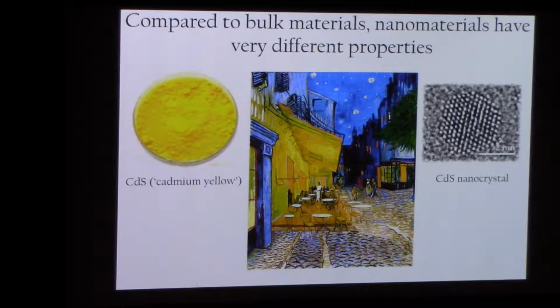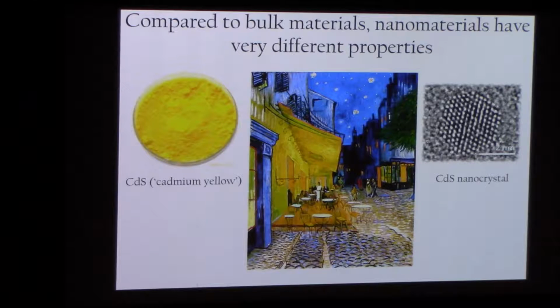If you go to Michael's, the art store, you wind up buying cadmium yellow pigment. It's basically a powder of cadmium sulfide crystals immersed in an oil medium. And you'll notice that it looks kind of yellow. It's in fact the same pigment that Van Gogh used in his painting, Café Terrace at Night. So here the powders are composed of micron scale crystals of cadmium sulfide.